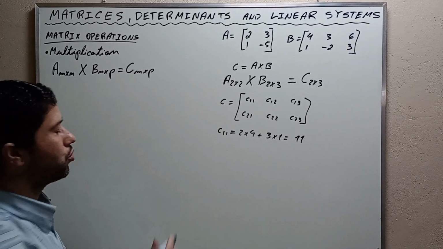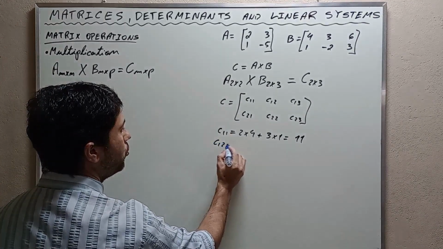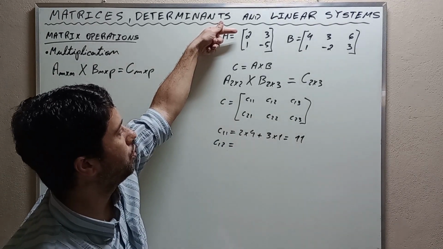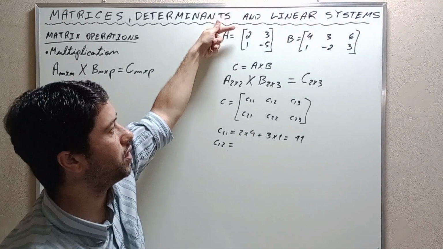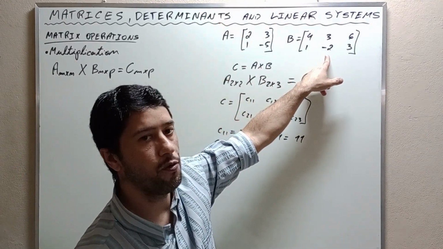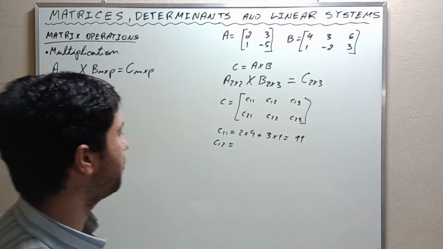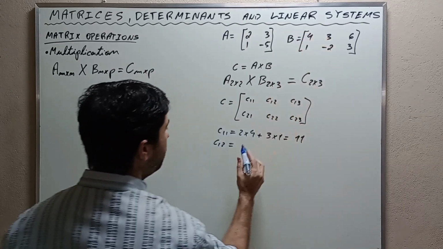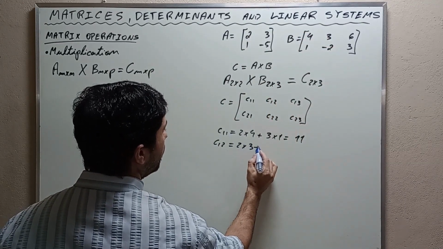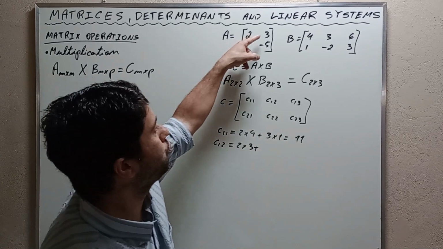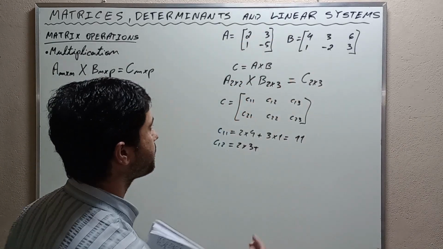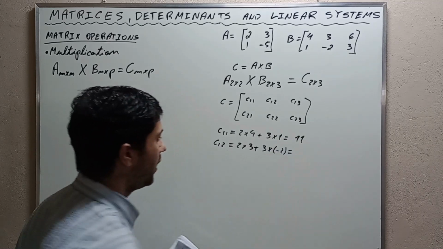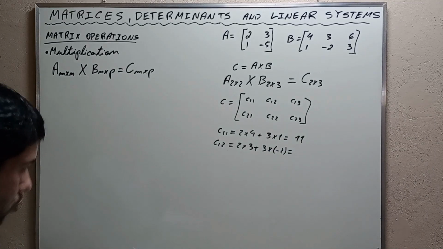Similarly, entry C12 will be obtained from the multiplication of row 1 of the first matrix and column 2 of the second matrix. And then it is going to be 2 times 3 plus 3 times negative 2. And this will be equal to 0.